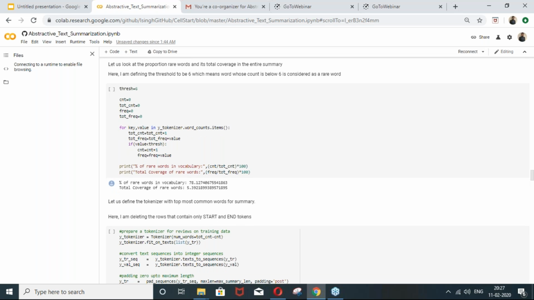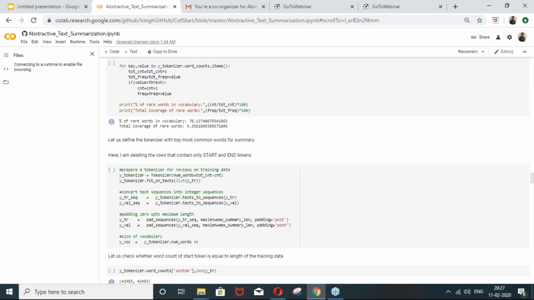Now the token question comes into the picture. You asked why we added the start and end token. We have added the start and end token to each and every summary. After that we eliminated the rare words. Then how will we know whether our summary is empty? I am deleting the rows that contain only the start and end token.